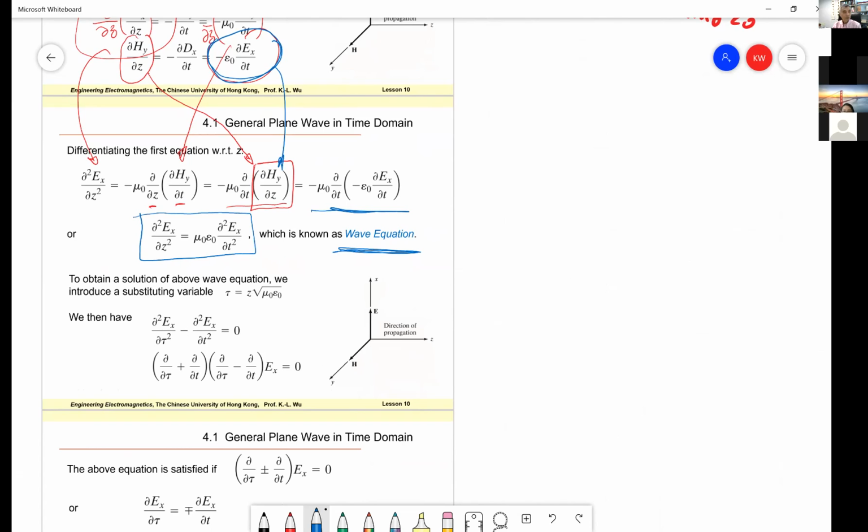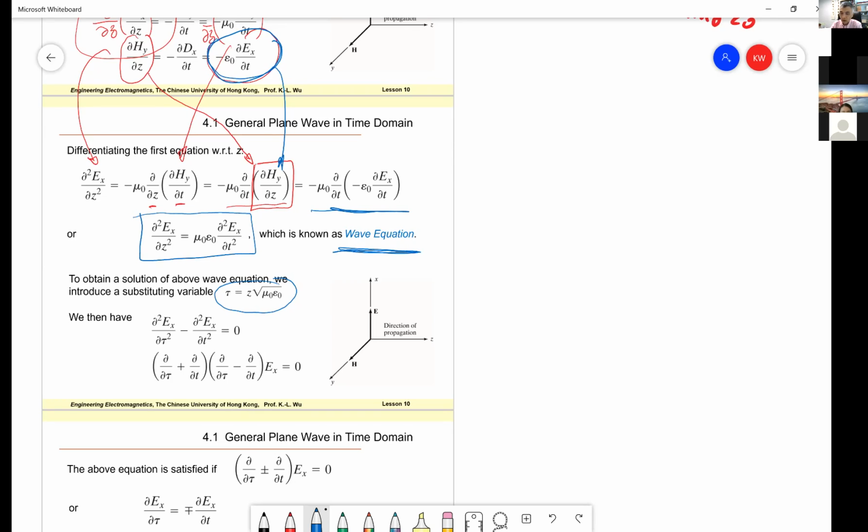Before we find the solution, let's further simplify this with a variable replacement. I define another variable I call tau. Its dimension is time, as we can see later on.